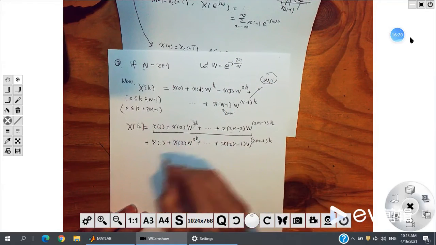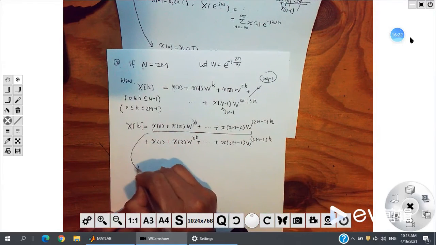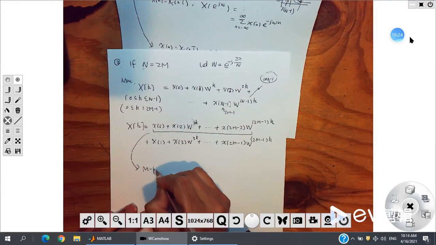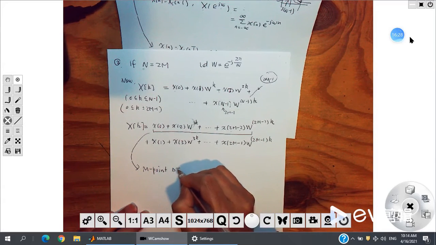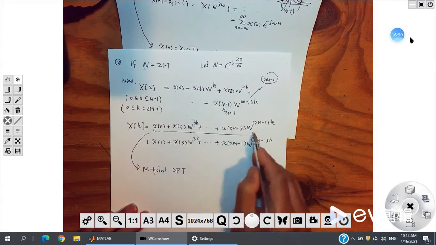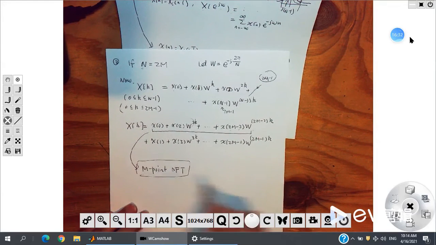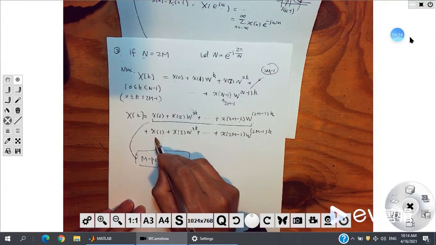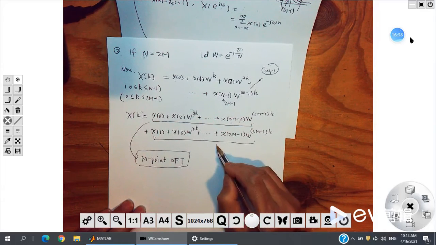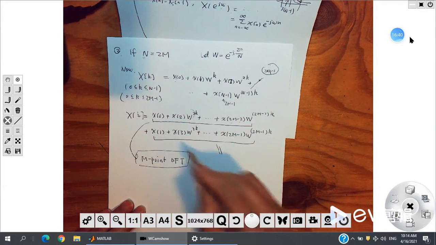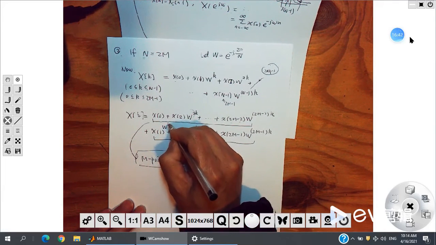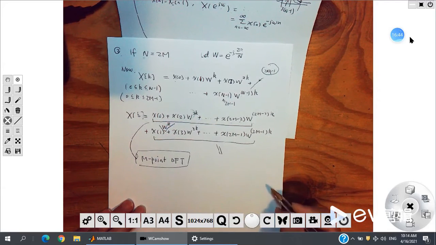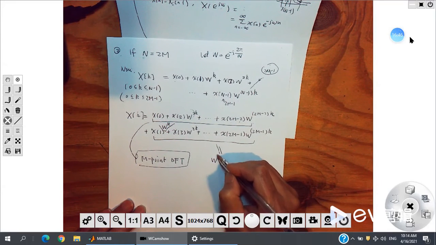Actually, this is an N/2-point DFT. This one is an N/2-point DFT, and this part, oh, I lost the W^k here. This part, I can move a W^k outside.